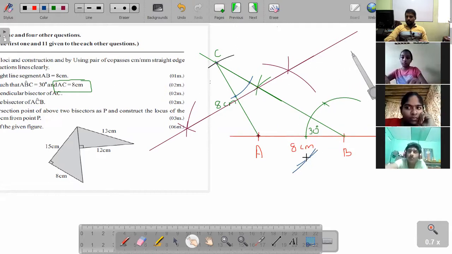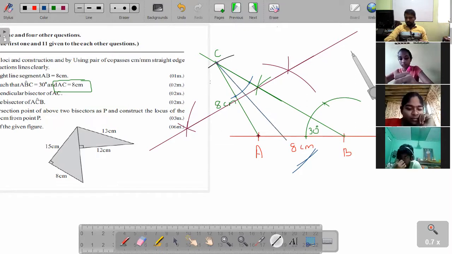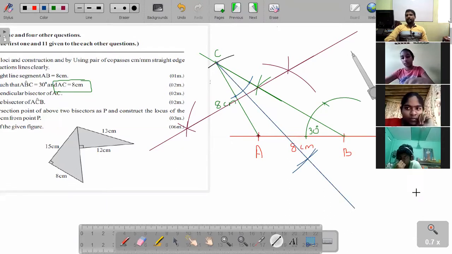Then this intersecting point and vertex C you have to join. That's the angle bisector.